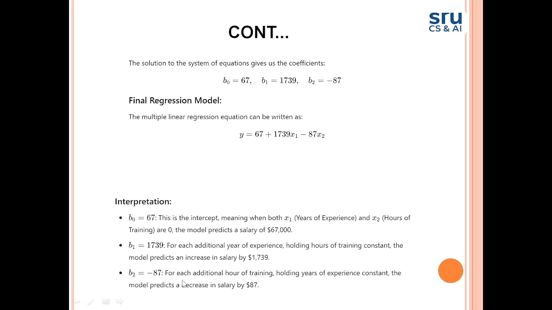Beta 2 is equal to minus 87: for each additional hour of training, holding years of experience constant, the model predicts a decrease in salary of $87. So in this way we have to interpret the model. For any unknown values of x1 and x2, we are able to find y.